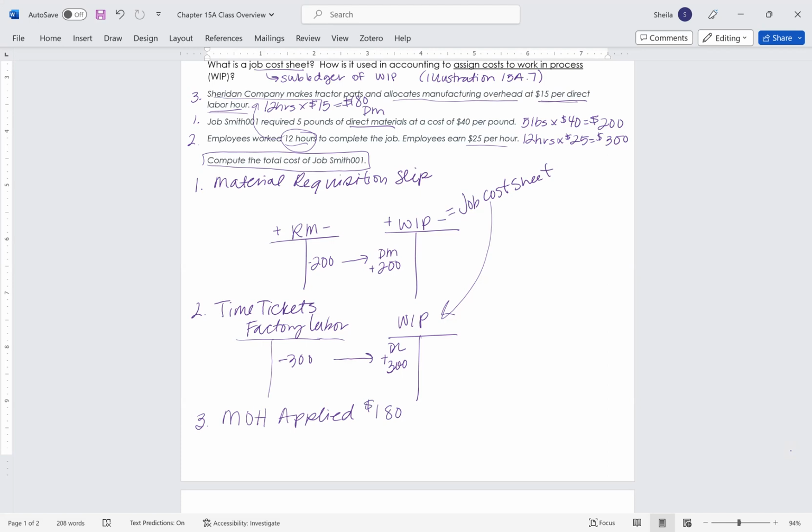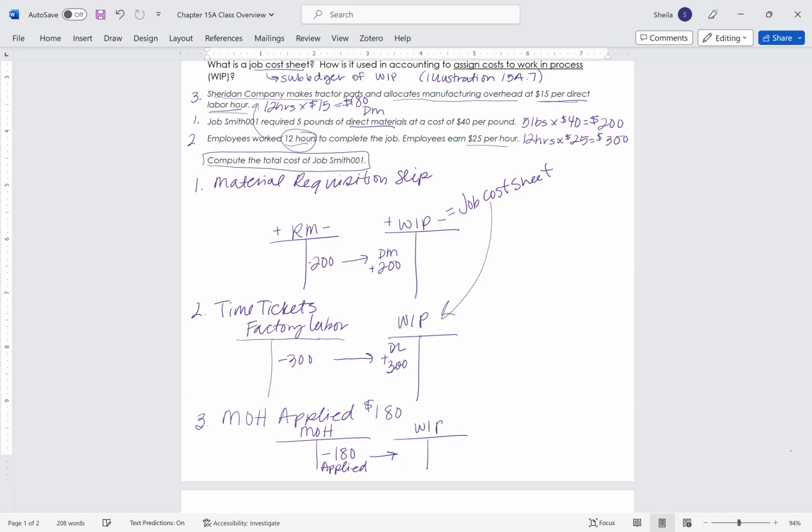Now, this is where it gets a little bit tricky. We're going to come back to this, but I want to show you what's in essence happening. We're now going to look at this additional temporary account called manufacturing overhead. The idea is that we add manufacturing overhead costs to this account, and then we allocate them. So as we go through this allocation process, we're removing $180 because that's been applied to the job.